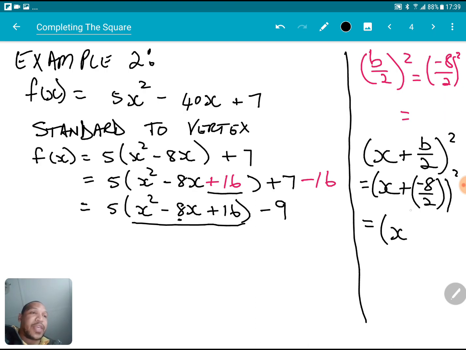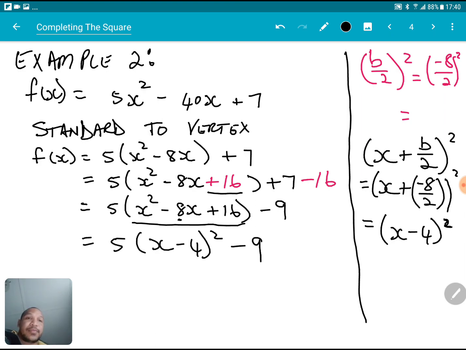So we'll have x minus 8 divided by 2 is -4, and then that positive multiplied by that negative would give me -4 squared. And there is my answer: 5 times x minus 4 squared minus 9. We've converted from standard form to vertex form.